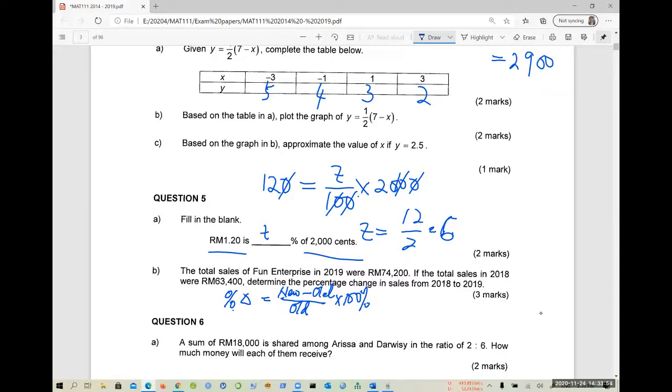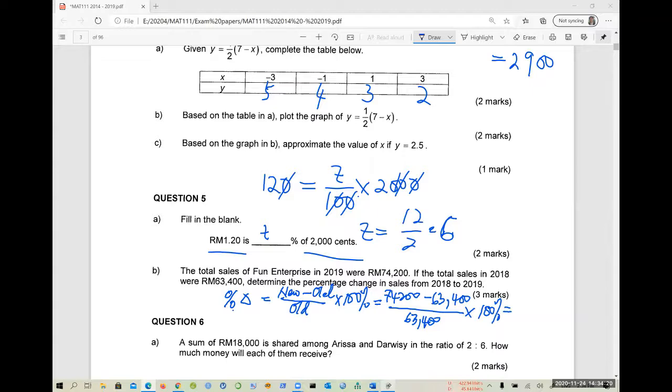So in this case, the 2019 is 74,200 minus the 2018 which is 63,400, and then divide by the old one, that is 63,400, and then multiply by 100%.